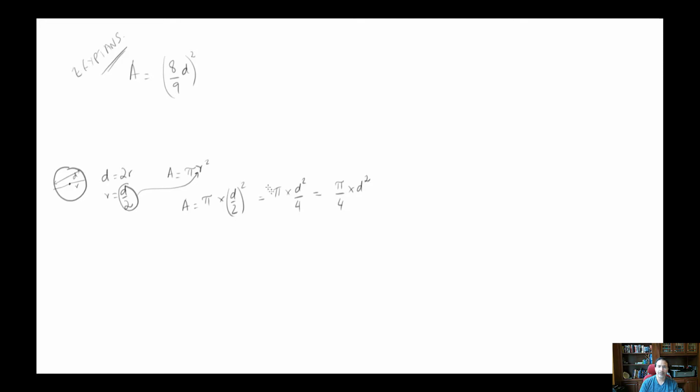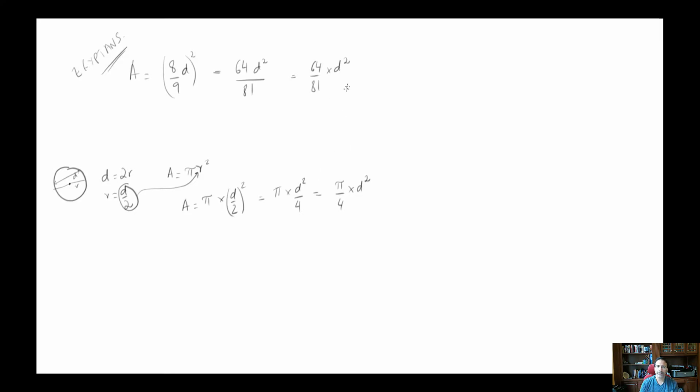Now let's compare to this one here. Let's expand it out and open the square up. The top part becomes 64 because we square the 8, then we square the d, and we square the 9 and get 81. 9 times 9 is 81, 8 times 8 is 64, and d squared is just d squared. So this will be 64 over 81 times d squared.